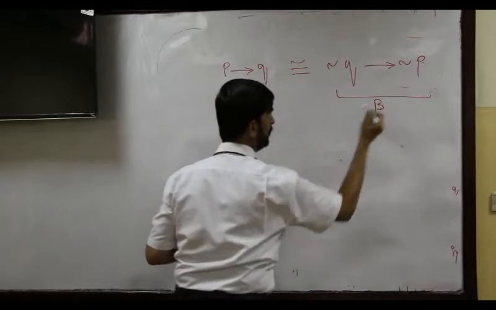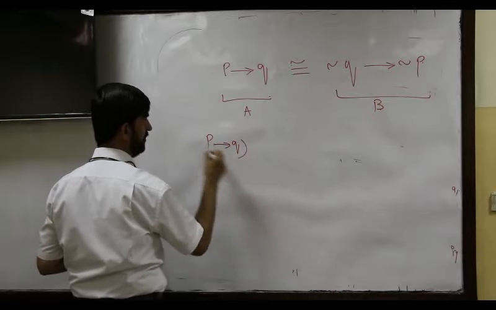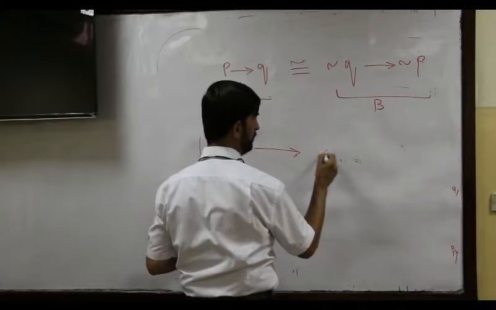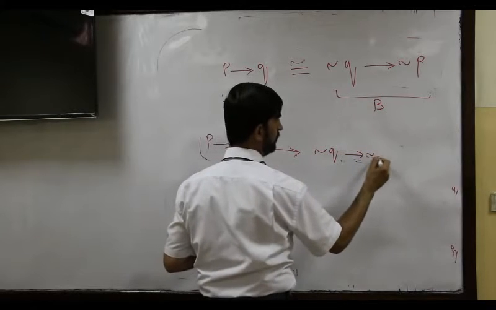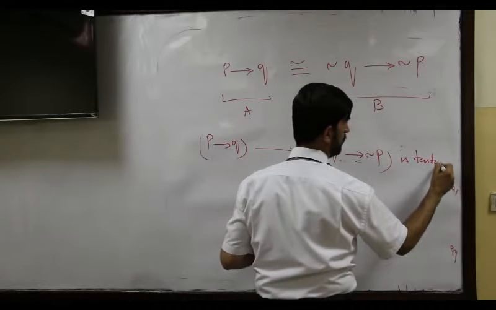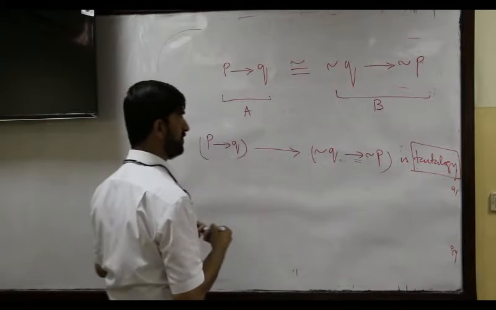We will have to prove that compound proposition A implies compound proposition B is a tautology.